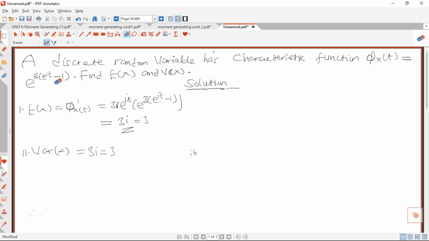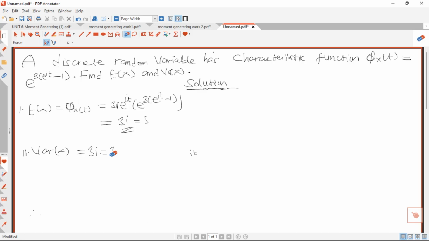And then you see, this is the characteristic function for the Poisson distribution. And for the Poisson distribution, the mean and variance are the same. So the variance here too is the same thing, okay? That property only holds for the Poisson distribution. So if you get other distributions, they are not like that.